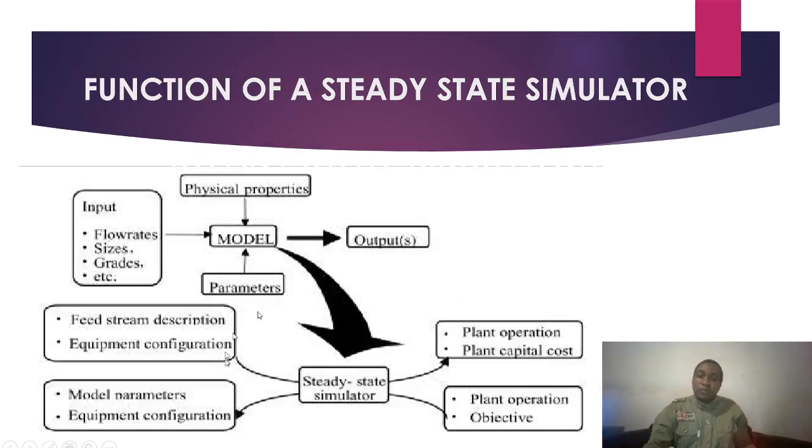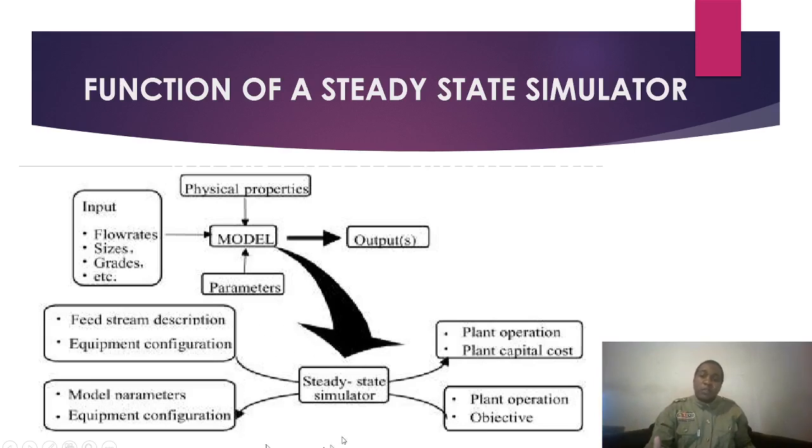This is another representation of how a steady state simulator functions. We talk about inputs, we talk about outputs, we talk about parameters which are fed inside a model, and the models build up to form a flow sheet in a steady state simulator. We've got different models. We can have a model of a cyclone, a model of a ball mill, a model of, let's say, a grizzly, a model of even material handling equipment like conveyors.